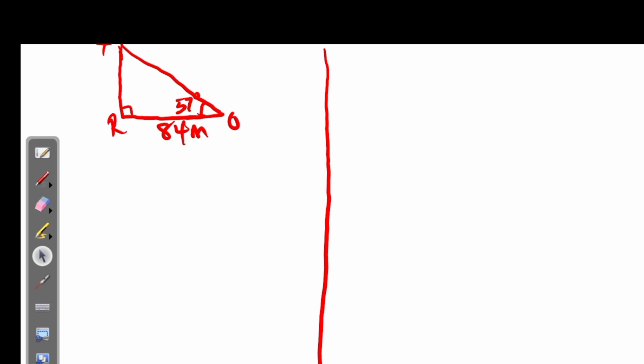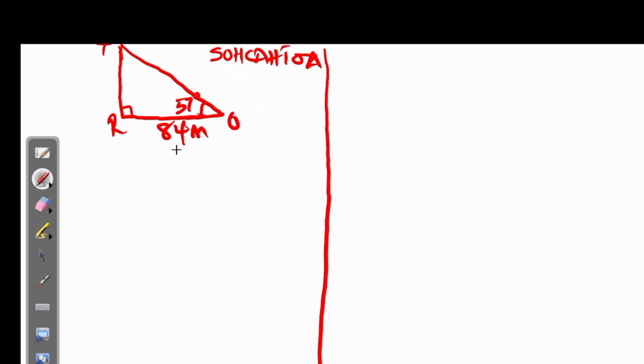Now this is our figure. We have a right angled triangle. Whenever you have a right angled triangle and you know a side and an angle, always remember SOHCAHTOA. Sine is opposite over hypotenuse, cos is adjacent over hypotenuse, tan is opposite over adjacent.